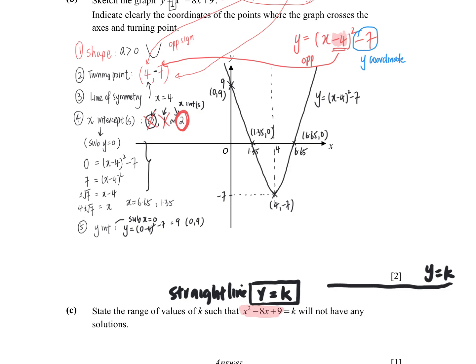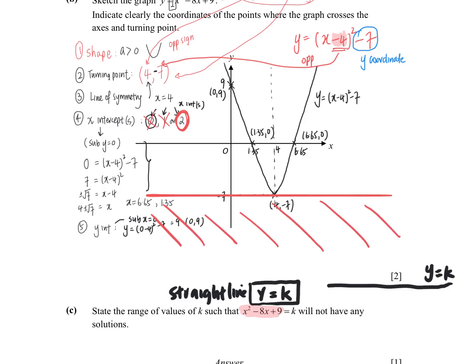When will it not have any solution? It goes further below until it doesn't even touch the graph. Can you see that any value lesser than minus 7 will not have solutions? Any time you move your straight line downwards, it will not touch the graph at all.